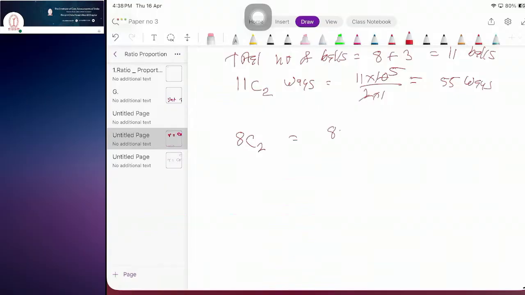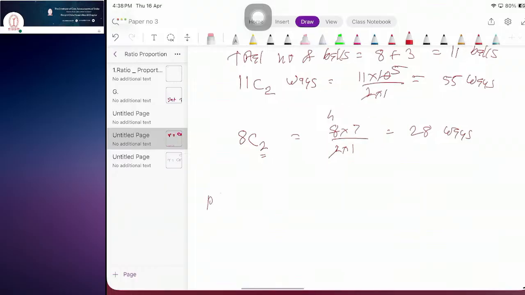For calculating that value, it will be 8 into 7, because here there are two numbers to multiply. In case of combination only, this is a trick to be used. 2 times 4 is 8, 7 times 4 is 28, so 28 ways are possible. So what is the probability of getting that event if both the balls are white?